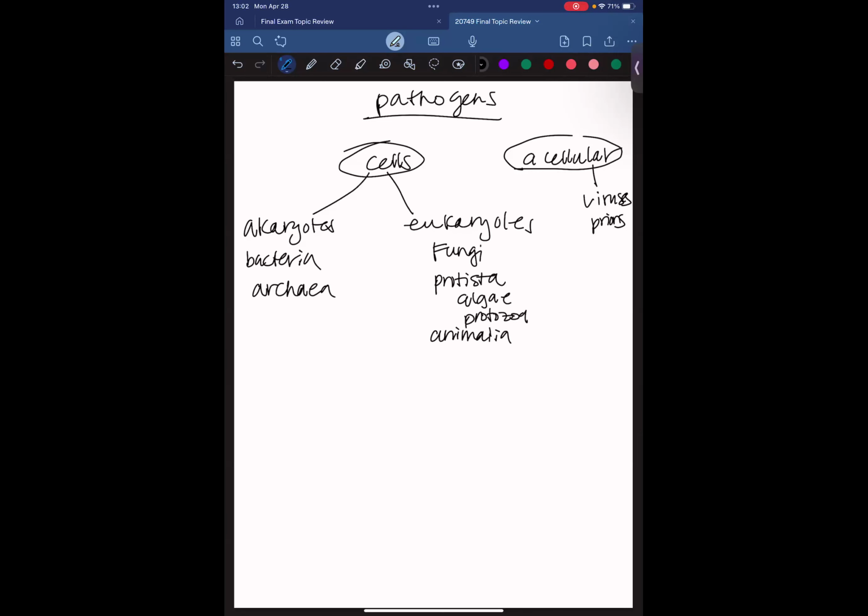And we also have our plants too. We didn't really talk about the plants, but our animals, this will include all animals like insects, people, and whatever. But for our microbes that we had talked about that cause disease, this includes our helminths. Yes, we also have plants, I know. I'm aware, but they didn't cause any disease, so we weren't as worried about them, right? All right. So this is our basic breakdown of all of our pathogens.